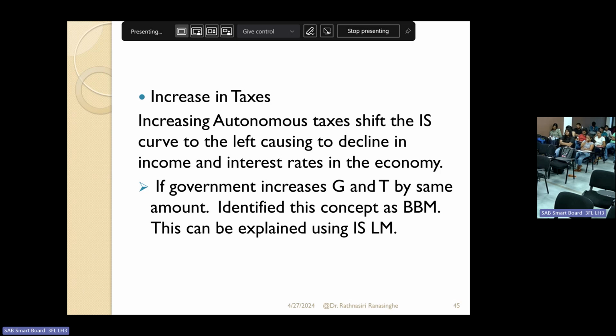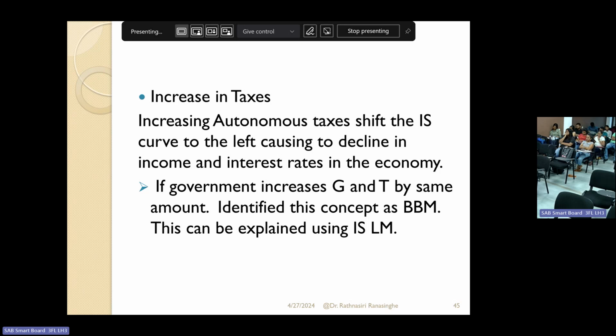The same amount will change the taxes, because government expenditure is financed by raising taxes. If the government raises expenditure by 100 million, the government owes 100 million in tax in order to finance such expenditure. So finally, what happened? That is the changing budget, delta B.